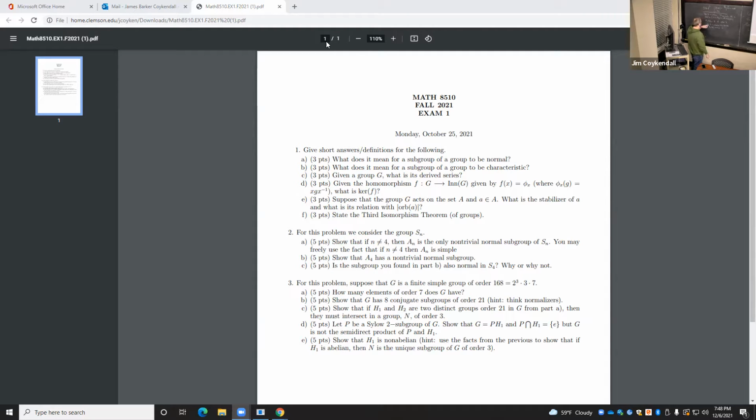So the normalizer in G of N must contain H1 at least, which means it must be a multiple of 21.